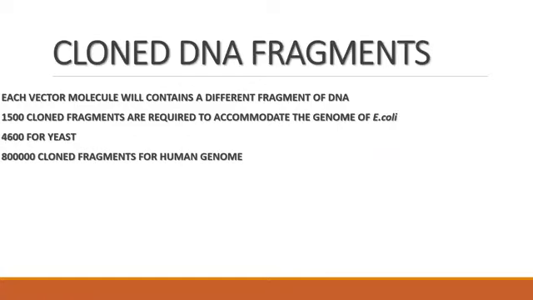Similarly, if we talk about yeast, yeast is a unicellular fungus where 4600 cloned fragments are required to accommodate the genome of yeast. And then human beings, 8 lakh cloned fragments are required to accommodate the genome of human beings. So in this way, we have prepared a library from where we can pick our gene of interest.